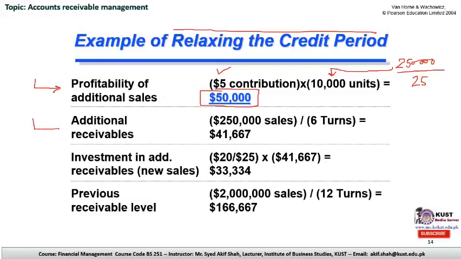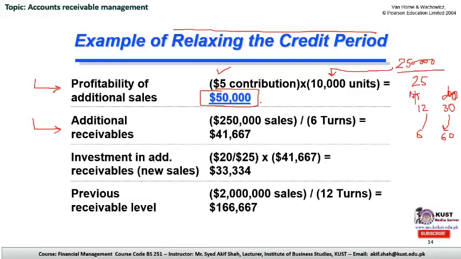Step number 2 is to find out the additional account receivable. As we know, the company's account receivable turnover will change from 12 times to 6 times if they relax their credit terms from net 30 to net 60 days. These are basically the days required to pay their obligation, and these are basically the account receivable turnover.